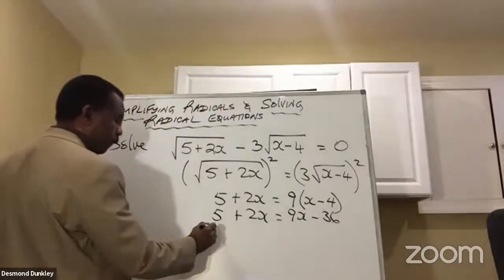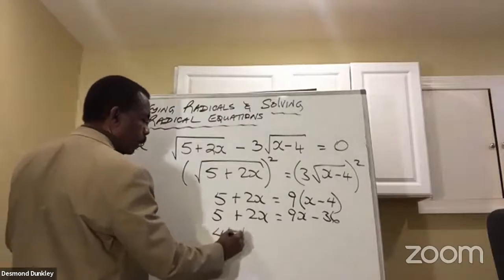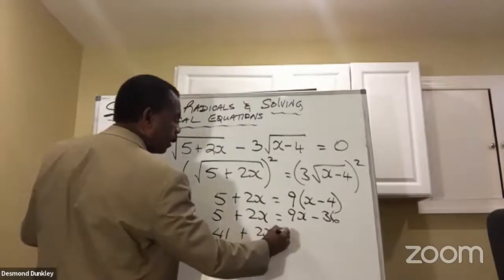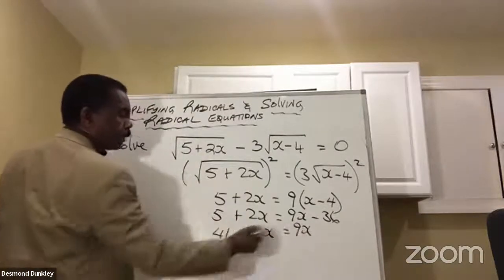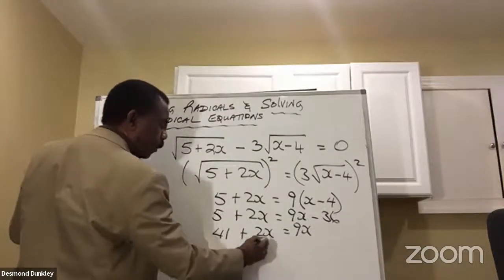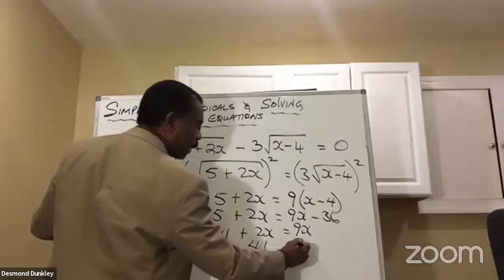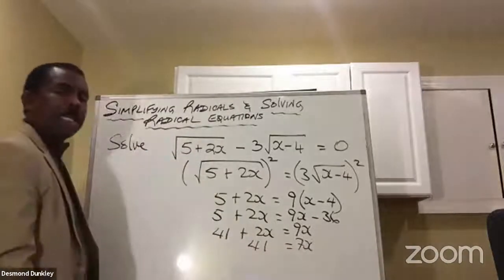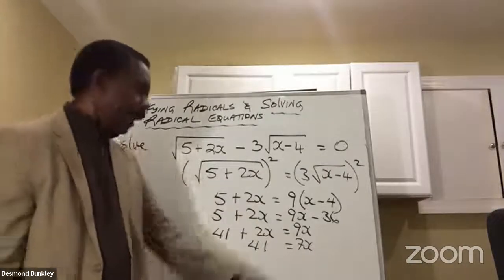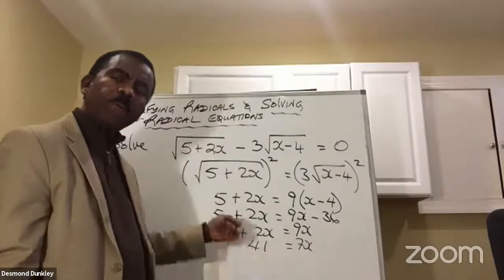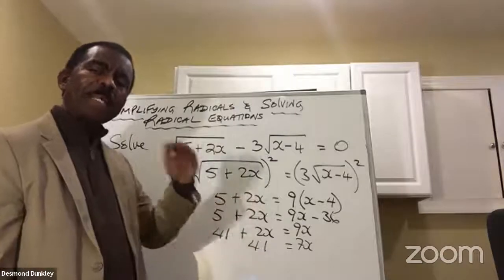We end up with 41 plus 2x equal to 9x. Subtract 2x from both sides. We end up with 41 equal to 7x. And then at this stage, divide both sides by 7, and we end up with x equal to 41 divided by 7.